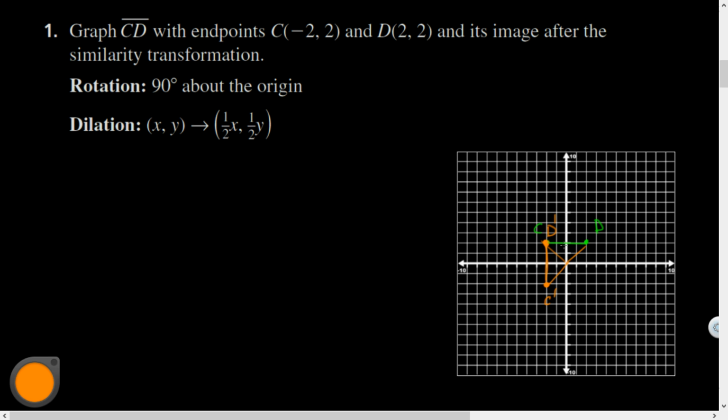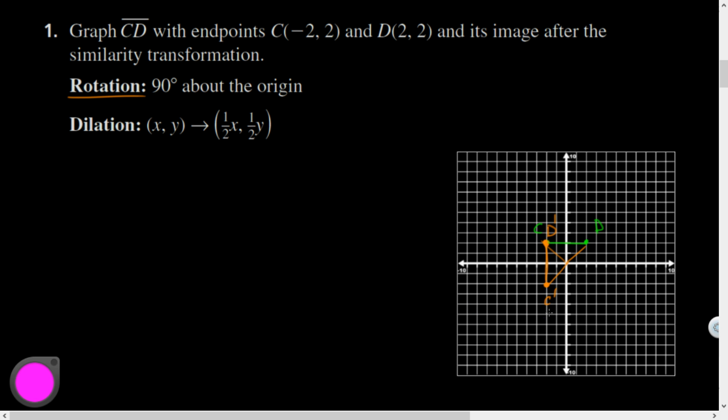That was a rigid transformation. Rotations, they are rigid. However, with dilations, we are going to scale this. C prime is at -2, -2. Let's halve each of those coordinates. So the scale factor is 1/2.